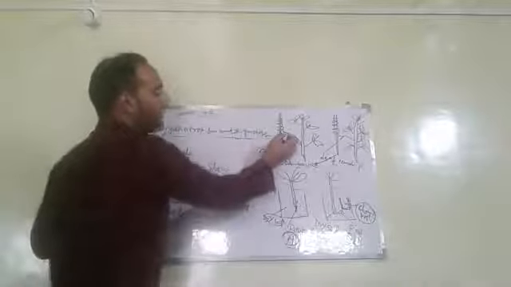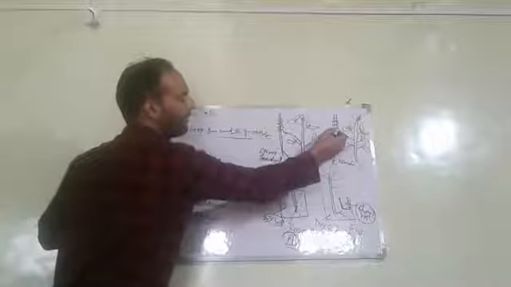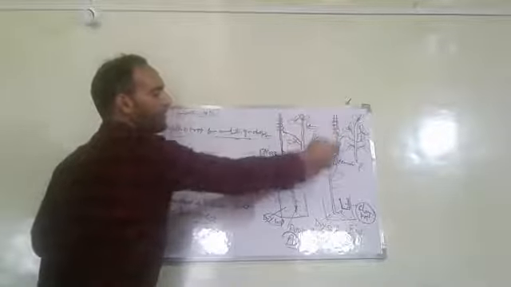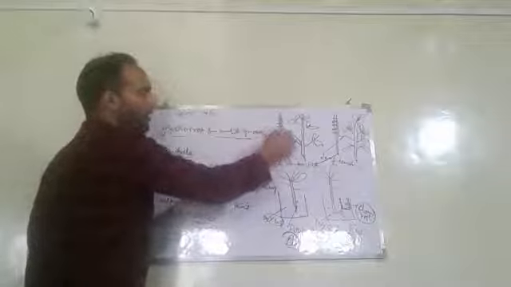Here this is the winding of stem tendril. Here this is the winding around this solid object which is bamboo stick here. This is stem tendril and this is leaf tendril.